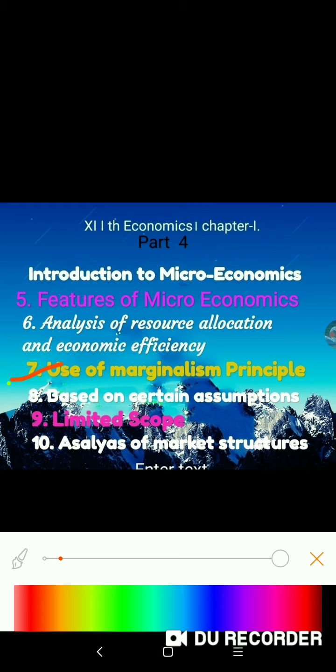Marginal means change brought about in a total by any additional unit. All important microeconomic decisions are taken at the margin. So this concept is of crucial importance in all areas of microeconomics.